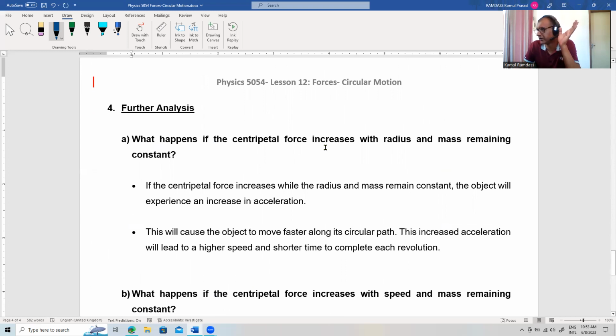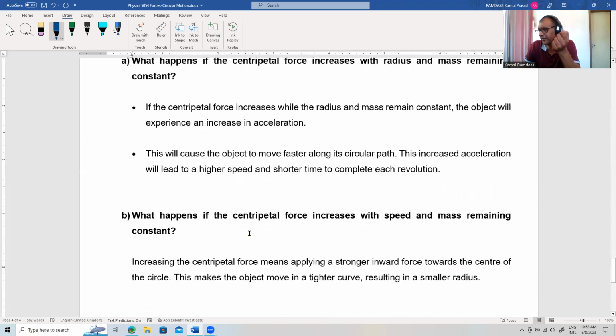Et nous regardons ce qui arrive si on augmente la force, mais on keep radius and mass constant. Si on augmente la force, on keep radius and mass constant, et définitivement the acceleration will increase and the speed will increase, higher speed.